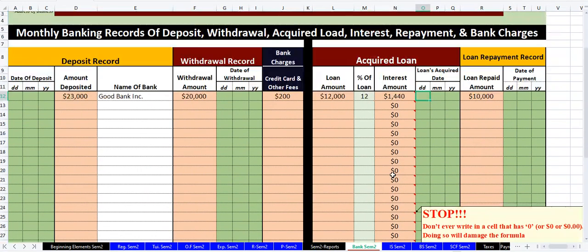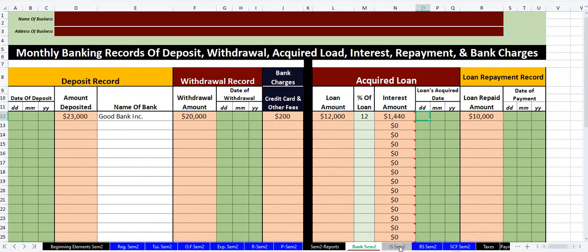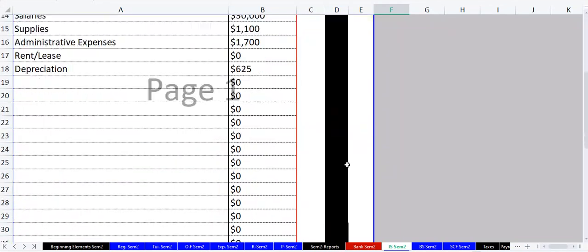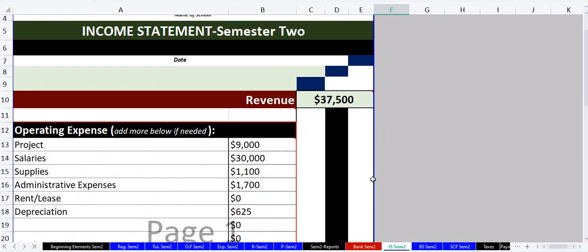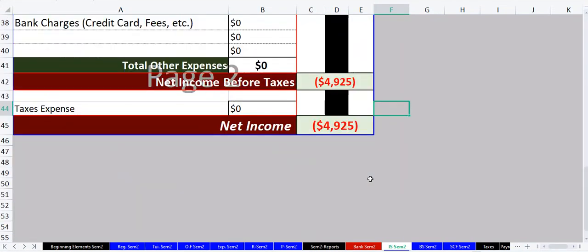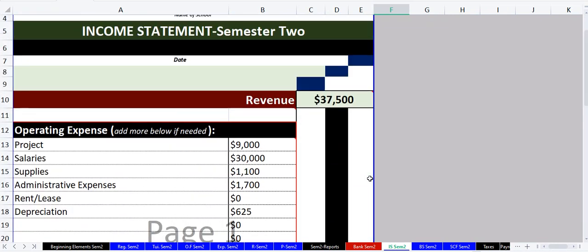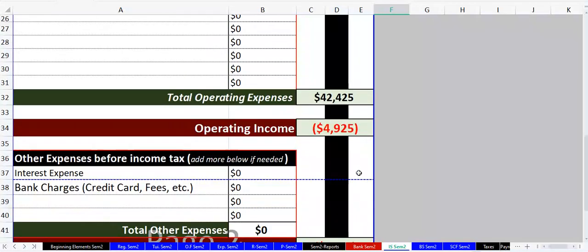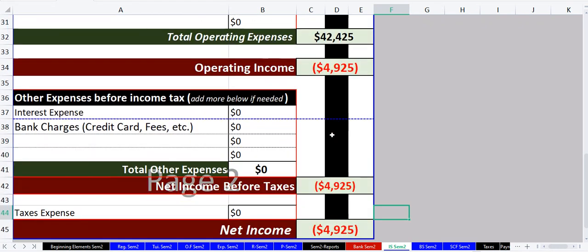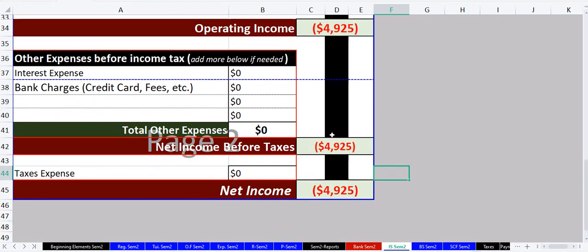Now if you look at the income statement again, it will tell you all your income here, 37,500, and that's what we have here. Oh, this time around, look, something happened here. As you can see, our operating expenses have exceeded our income. So there's a loss, right? You can see clearly it is a loss.